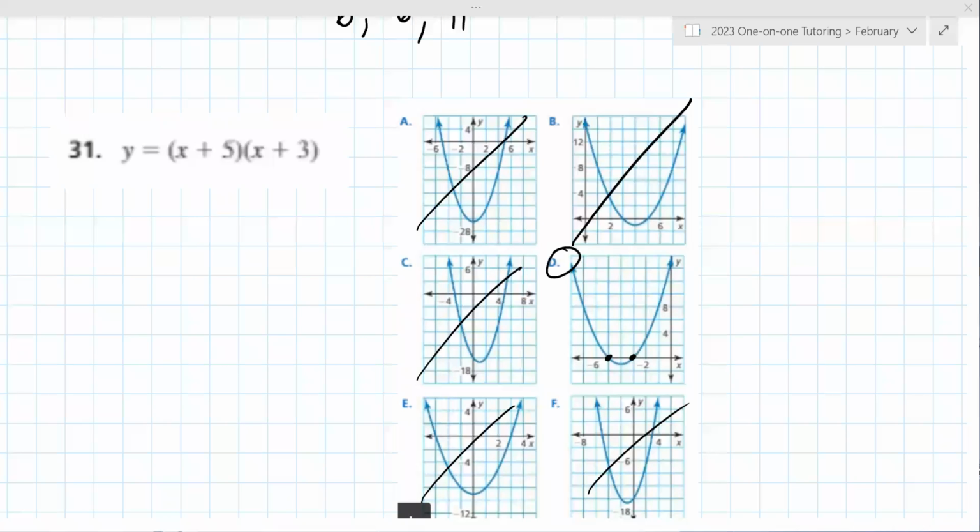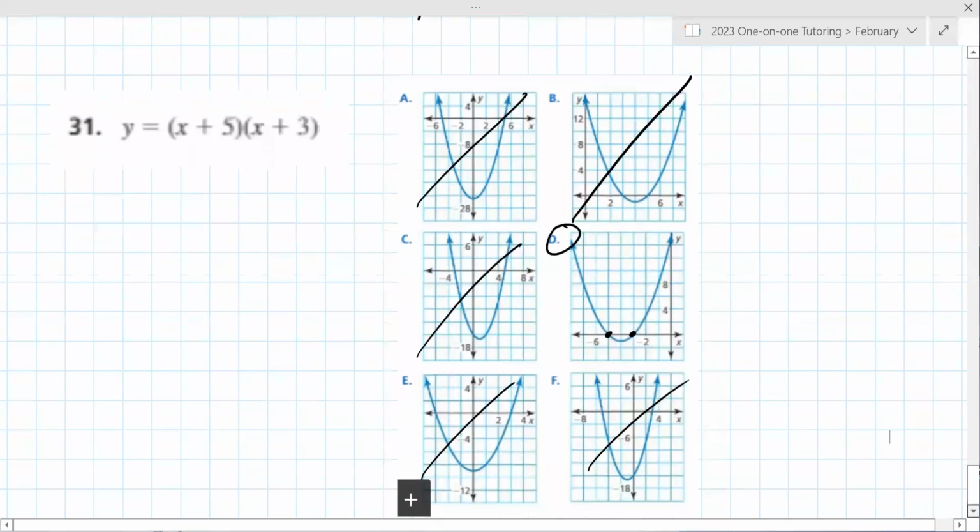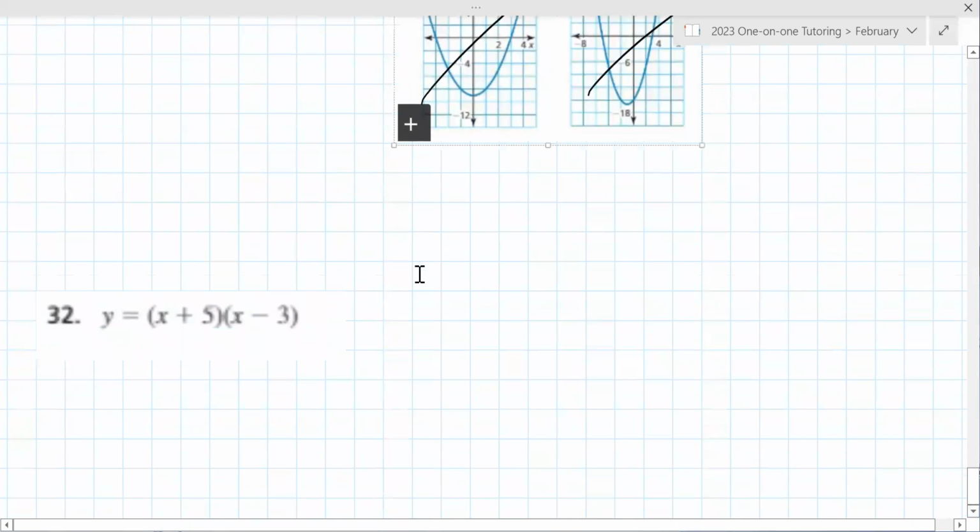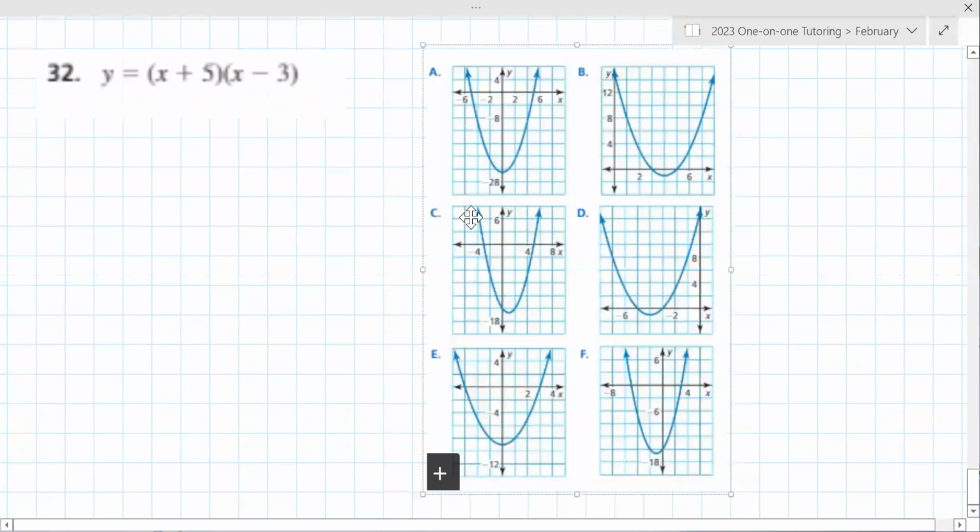Okay. 32, we can do the same way here. Just find the intercepts. So then the intercepts are -5 and 3. Okay. So again, we know it's not D because we did that one.